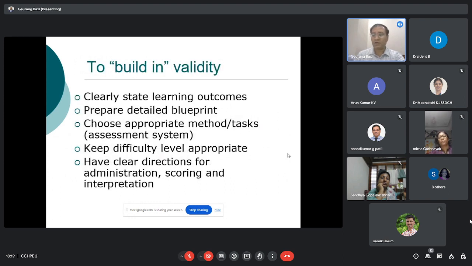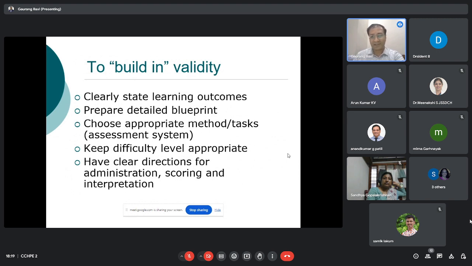And therefore now our objective is to improve the validity of whatever assessment we are conducting, and therefore what should we keep in mind? To build in validity, we need to clearly state the learning outcomes, we need to prepare a detailed blueprint. We know the advantages. We have discussed a lot about that. But your blueprint will help ensure the content is from all the different areas of the curriculum.